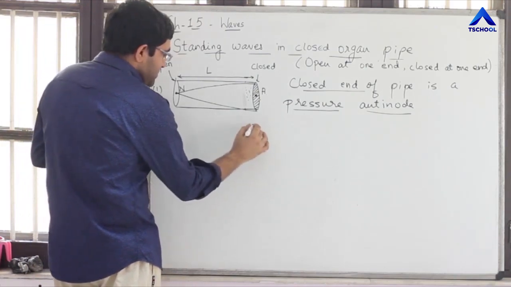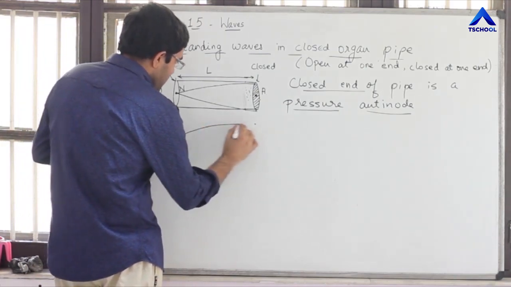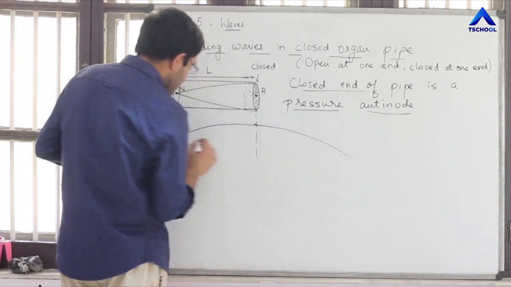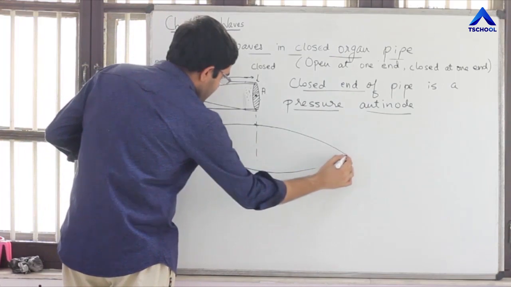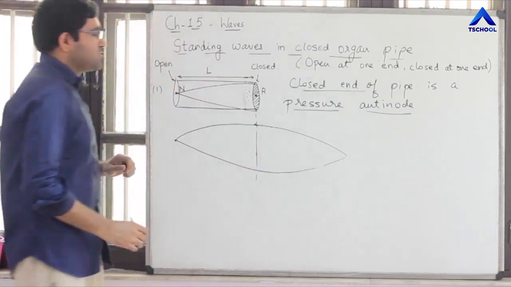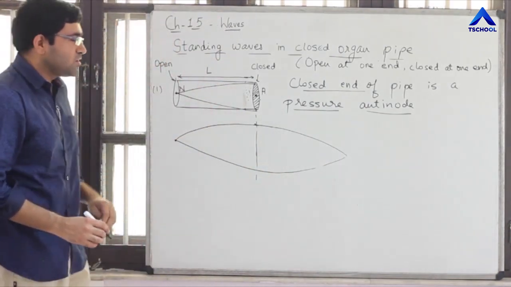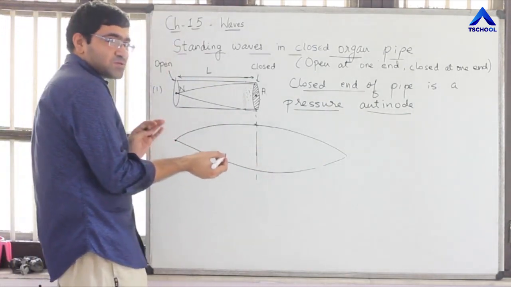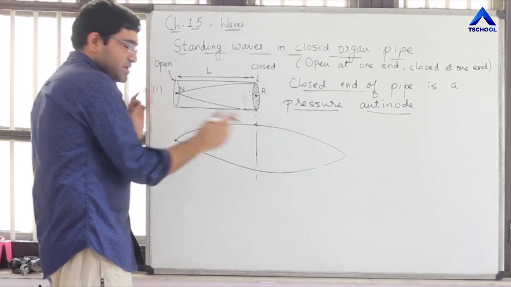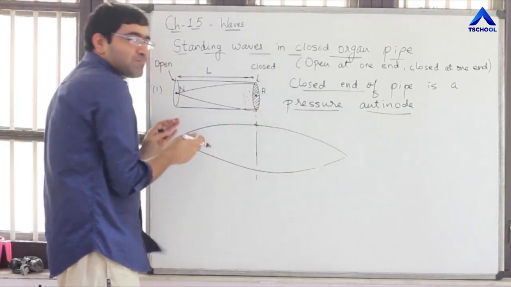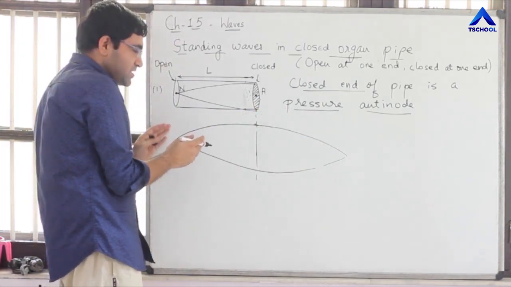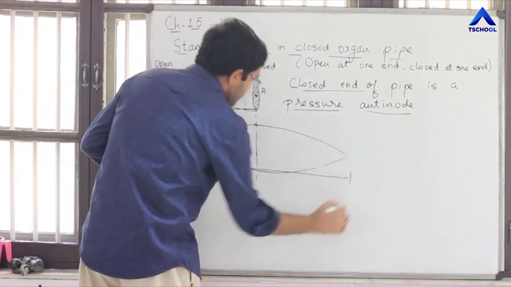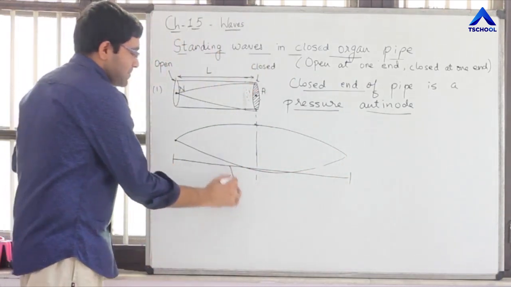So here we want it to be an antinode. You can see that till this length it's actually half of this loop. I hope you get what I'm saying. From standing waves on a string, you recall that one loop is lambda by 2. I repeat, this one loop's length from here to here is lambda by 2.